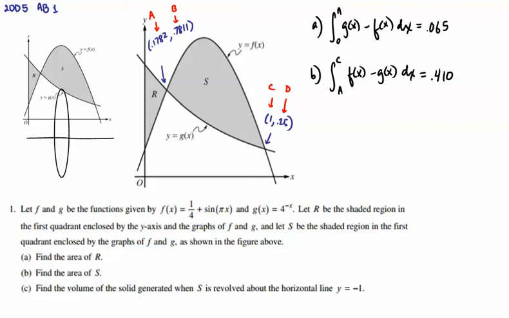And this is going to give us washers, and the inside circle will be the curve g of x. And then we have a little thickness to it, and that's going to be dx. And so our area between the two concentric circles is pi capital R squared minus pi little r squared.